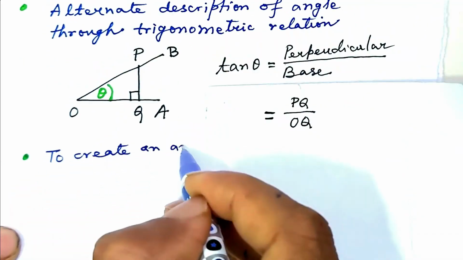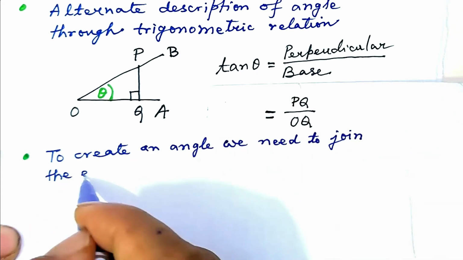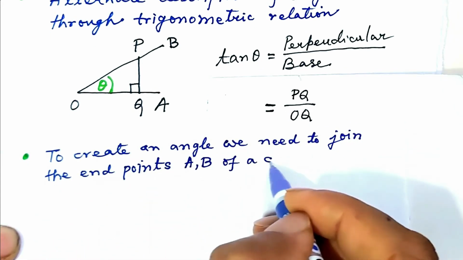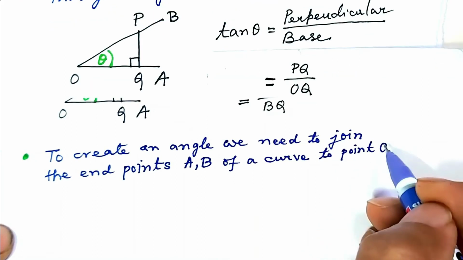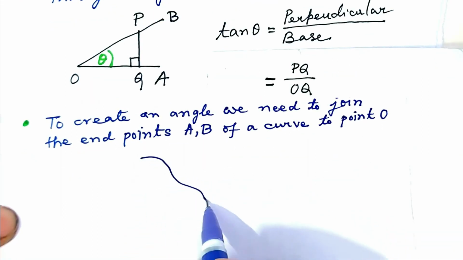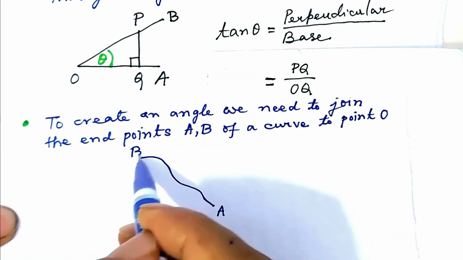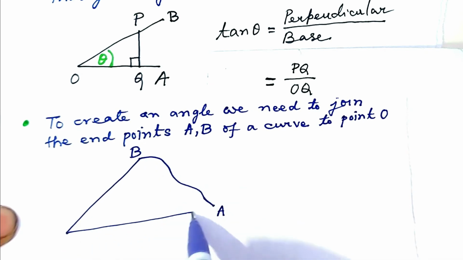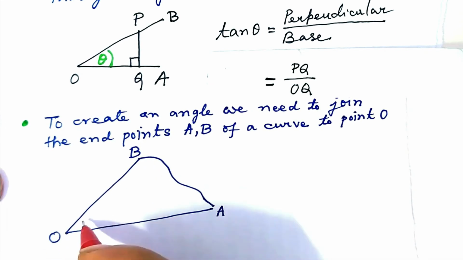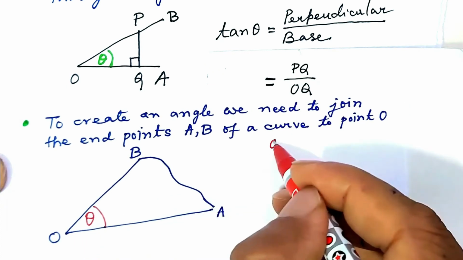To create an angle, we need to join the endpoints A, B of a curve to a point, say O. Suppose this is the curve AB. Join the endpoints A, B to point O. This angle is theta.